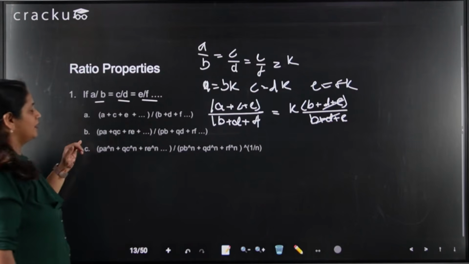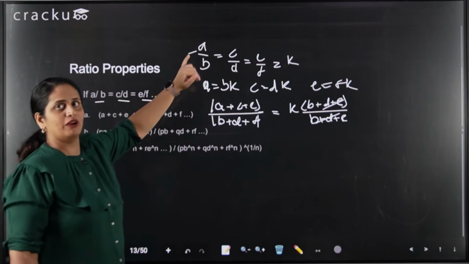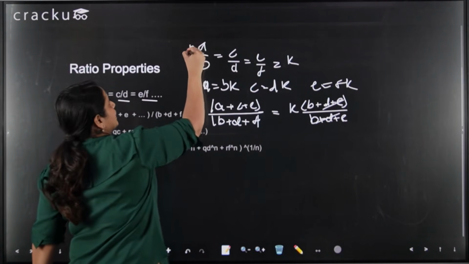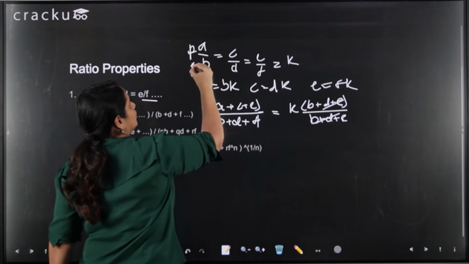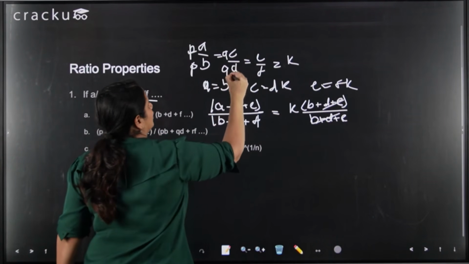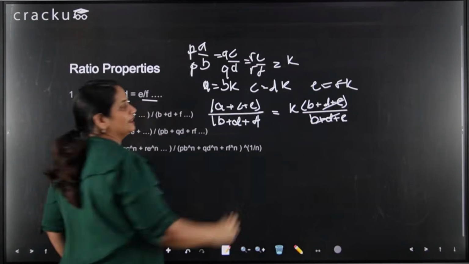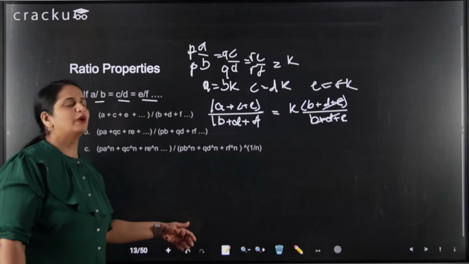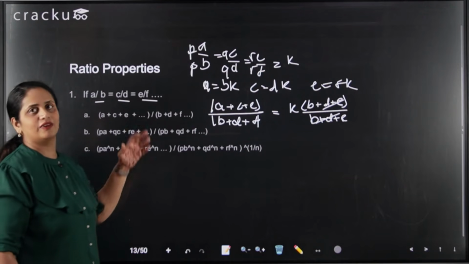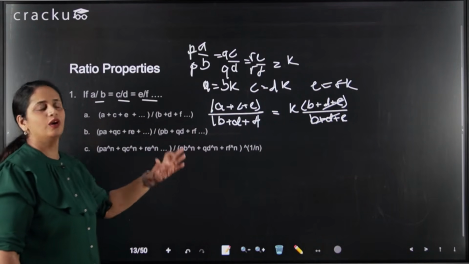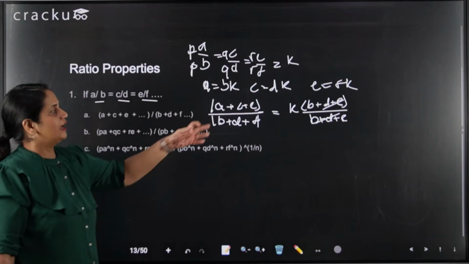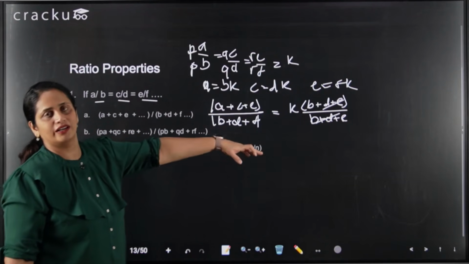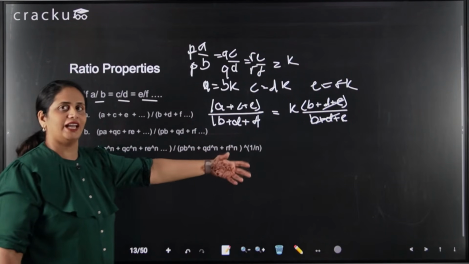If I multiply this by say P, this by Q, this by R, and then take the sum, it will still be equal to K. Because each time, the numerator and denominator will cancel each other off and I will be left with K every single time.